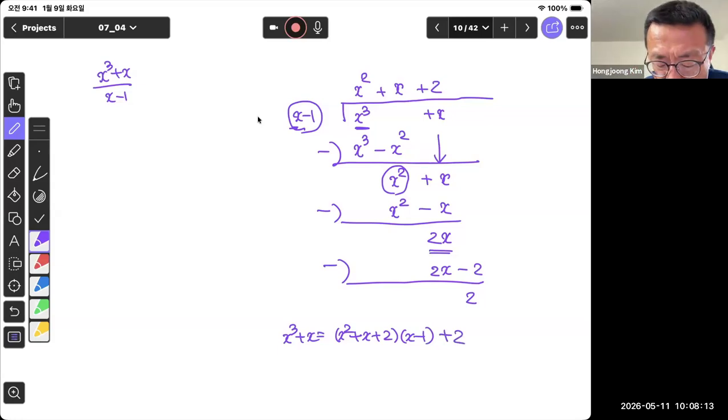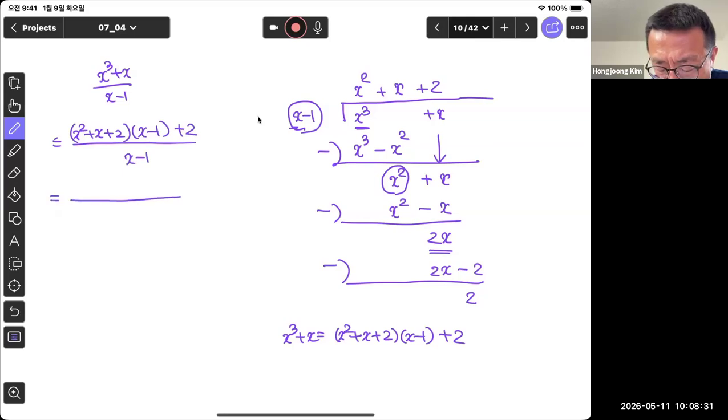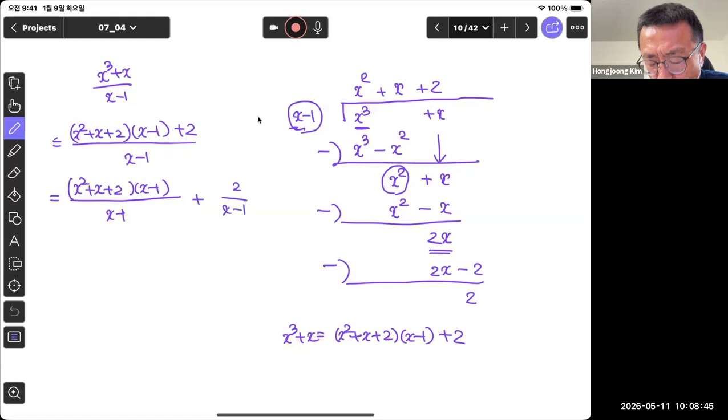So if I replace x cubed plus x by this expression, x squared plus x plus 2 times x minus 1 plus 2 over x minus 1, that will be x squared plus x plus 2 times x minus 1 over x minus 1 plus 2 over x minus 1.